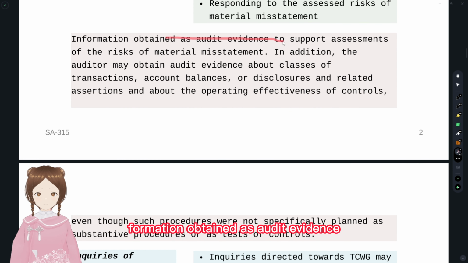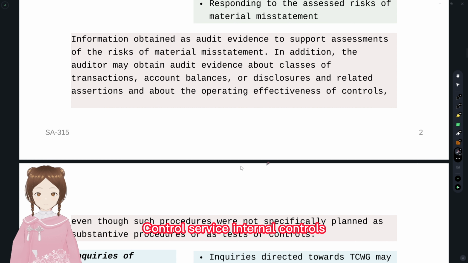Information obtained as audit evidence to support the assessment of risk of material misstatement. That is, the auditor has got some information that emphasizes that the risk of material misstatement exists. Then what does he have to do? He has to obtain audit evidence about such classes of transactions, account balances or disclosures and the related assertions, and about the operating effectiveness of the controls.